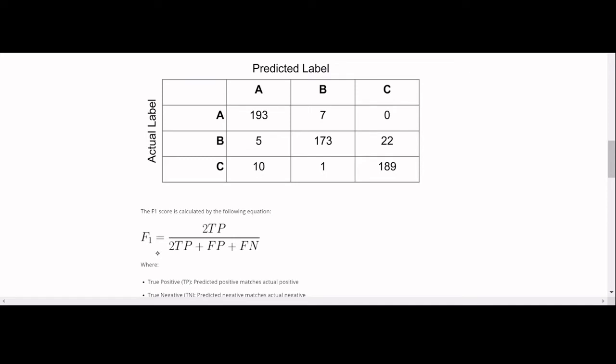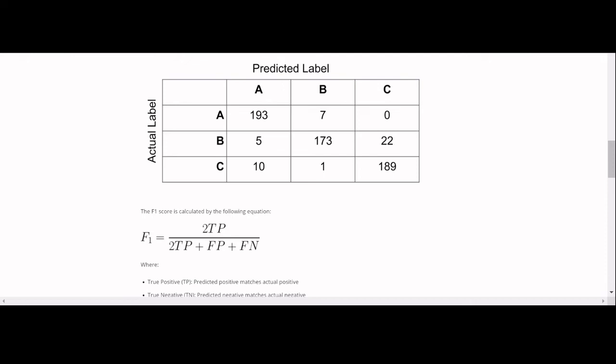Here we have the formula for class C: the F1 score is 2 times true positive upon 2 times true positive plus false negative plus false positive. So what is the number for the true positive for C?